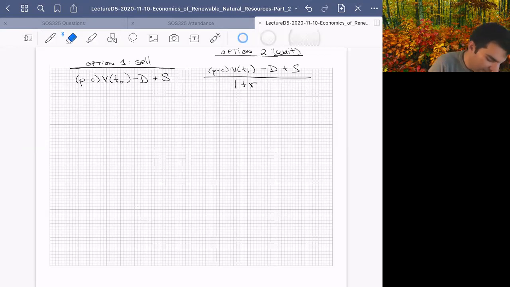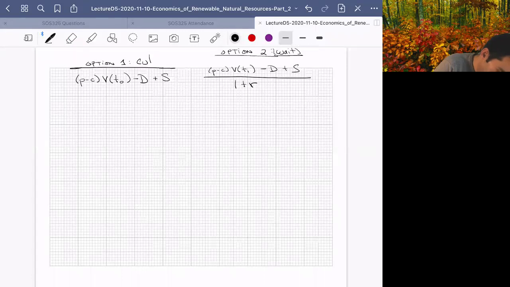And maybe I shouldn't have said option 1 is sell. Option 1 is cut. I'm sorry that I said sell before. Option 1 is cut and option 2 is wait. And the no arbitrage condition is where these two things are equal to each other. And so you cut when this is the case.